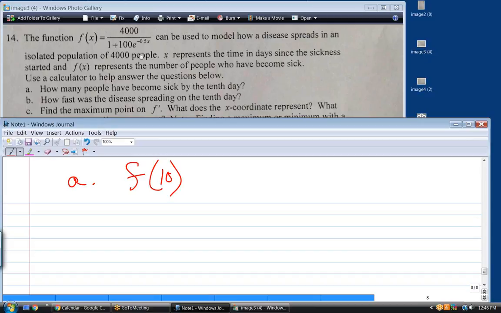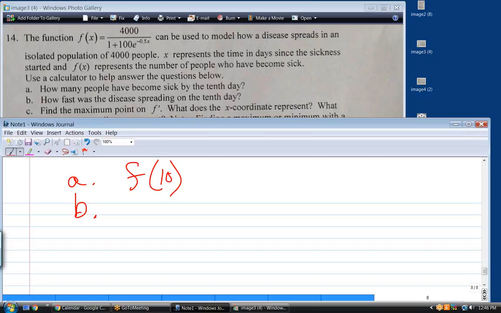Okay. How fast was the disease spreading on the 10th day? Well, what does that mean? Is that the rate of how fast it was? Yeah, rate means what? The slopes, you're going to find the derivative? Rate means derivative.